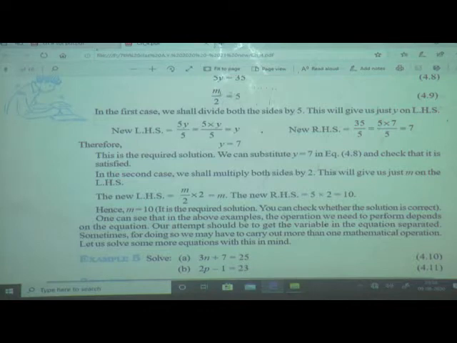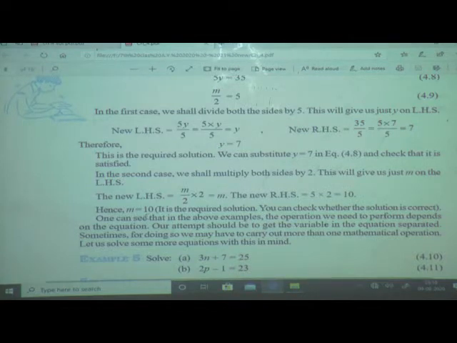This is the solution we get, m is equal to 10. So this was the value required to satisfy the equation, or we can say to balance the equation. For any other value it is an unbalanced equation, and when we write m is equal to 10 it is balanced.